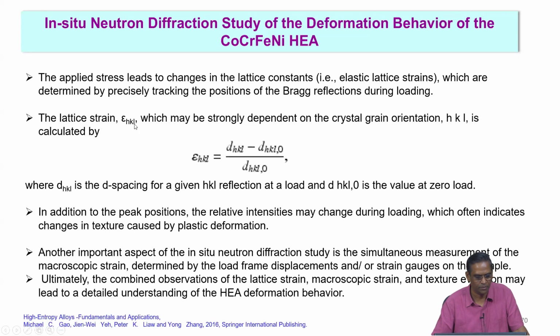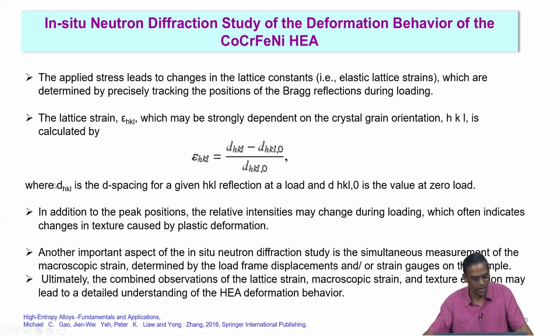The lattice strain epsilon HKL, which may be strongly dependent on the crystal grain orientation HKL, is calculated by this relation: epsilon HKL is equal to d HKL minus d HKL-0, divided by d HKL-0, where d HKL is the d-spacing for a given HKL reflection at a load, and d HKL-0 is the value at zero load.